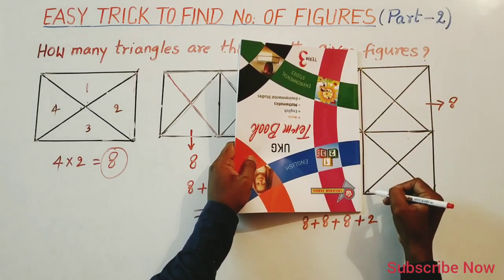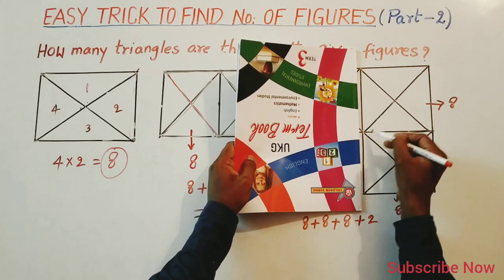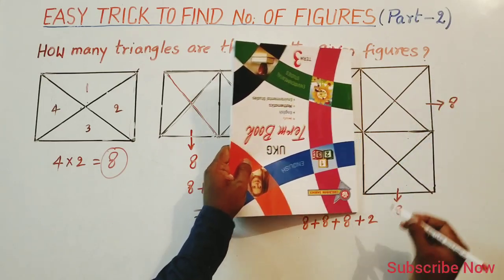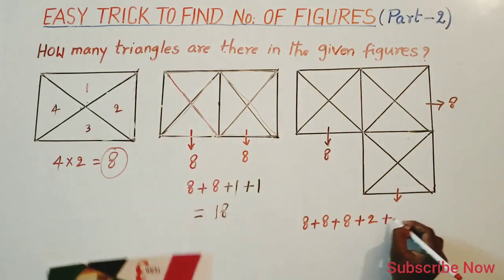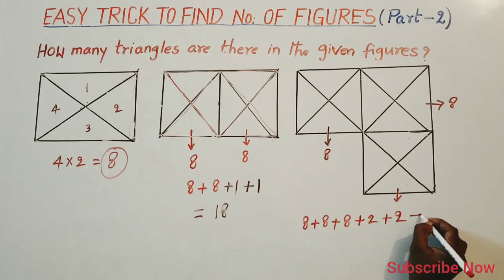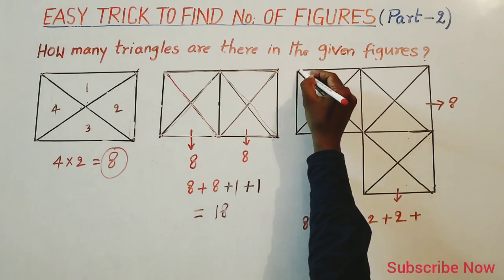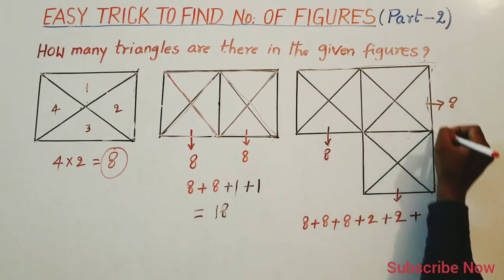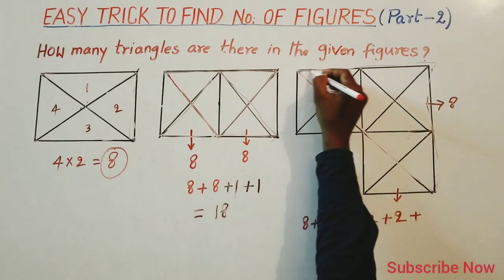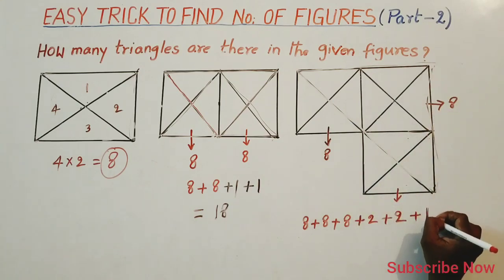This is one triangle and this is another triangle. So total you will get two triangles. And now by combining these three you will have another big triangle, that is this one. This is a big triangle, so plus 1.